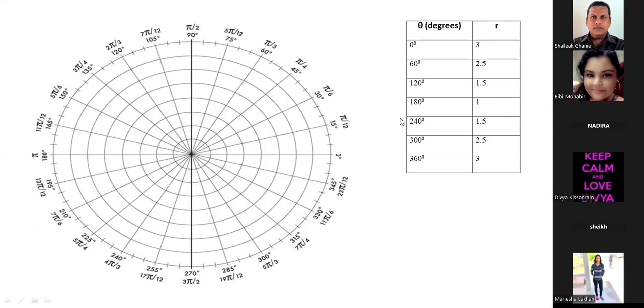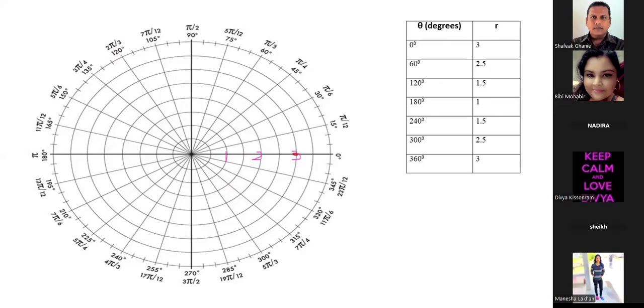So we'll have the degree on this table here, and we'll have the radius, and then we'll plot it. So for 0 degrees, we'll have 3.